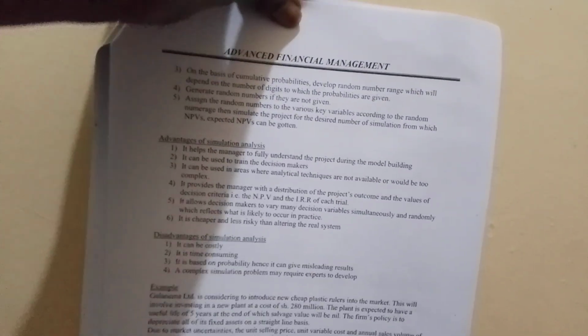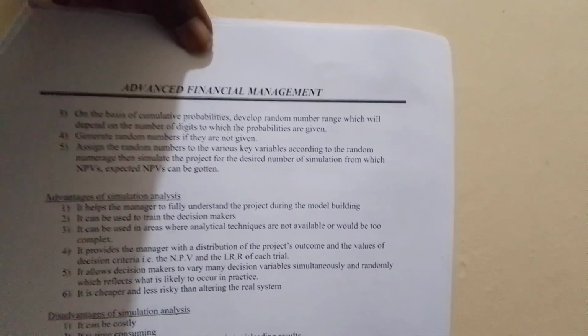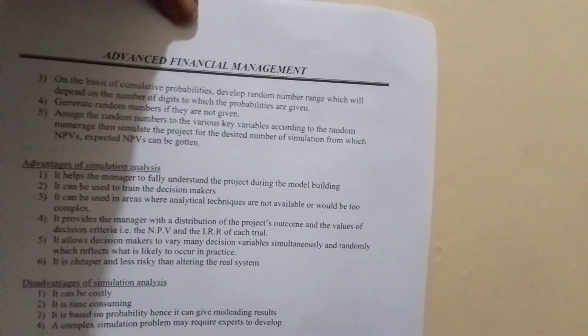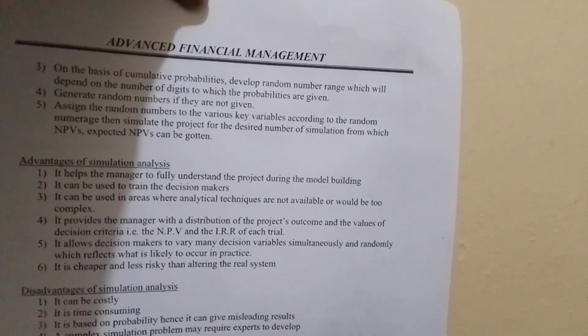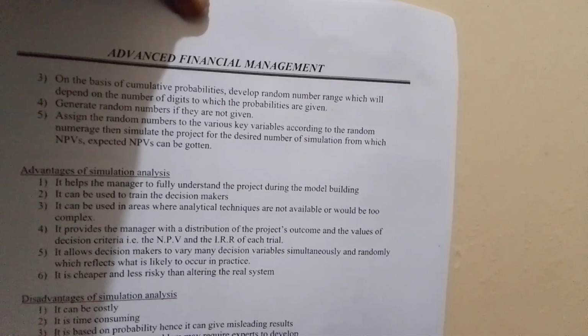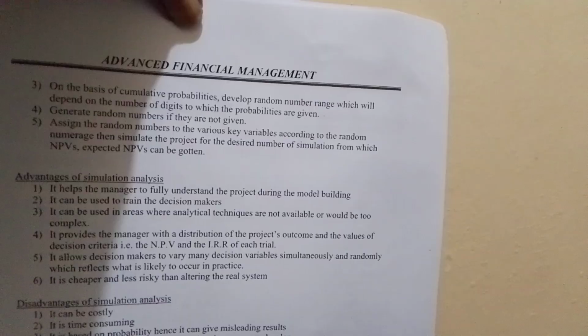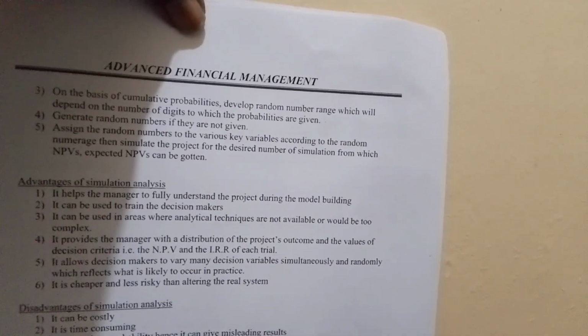We are discussing these steps. Step number 3, on the basis of cumulative probabilities, develop random number range which will depend on the number of digits to which the probabilities are given.